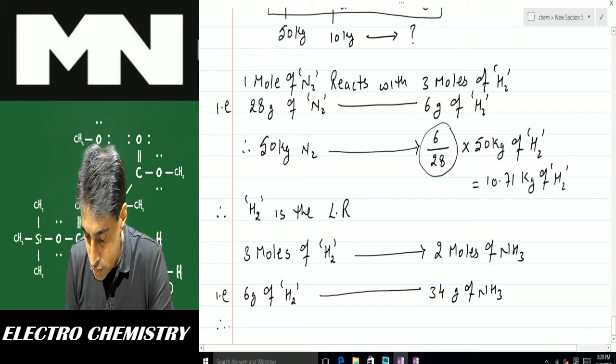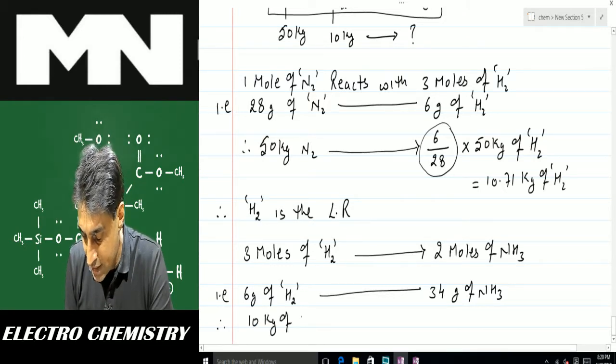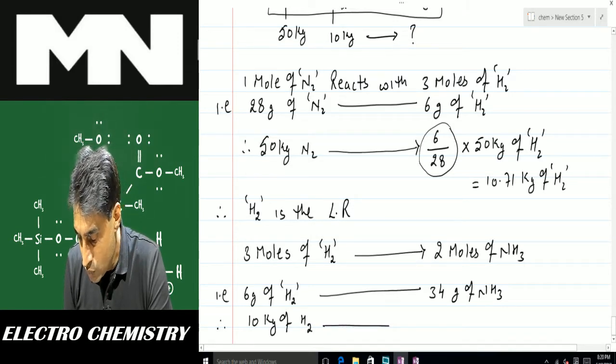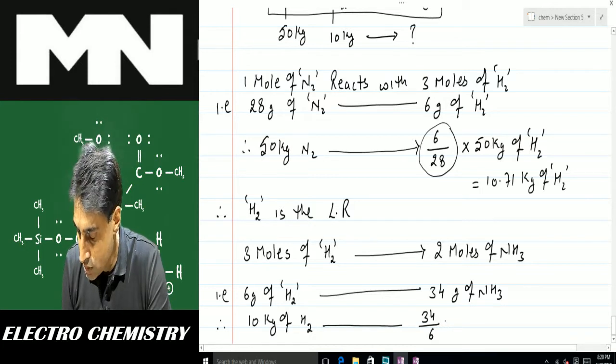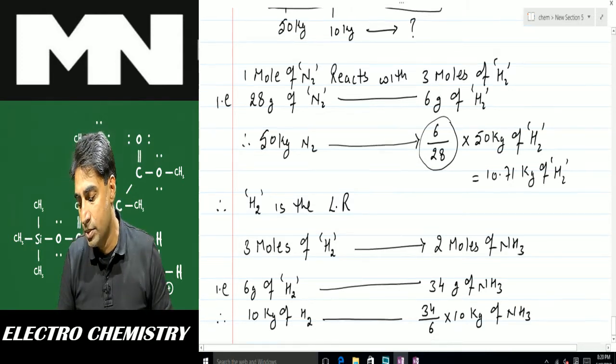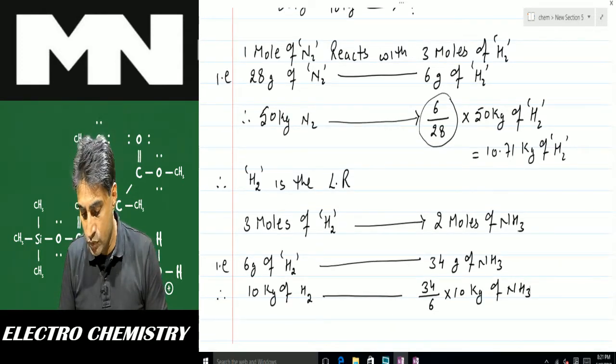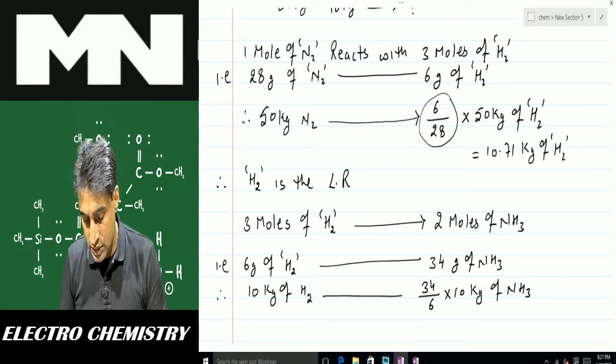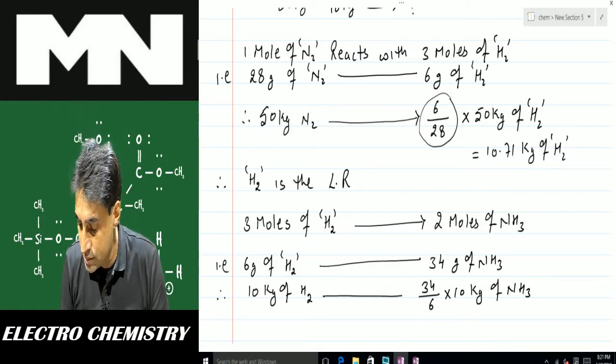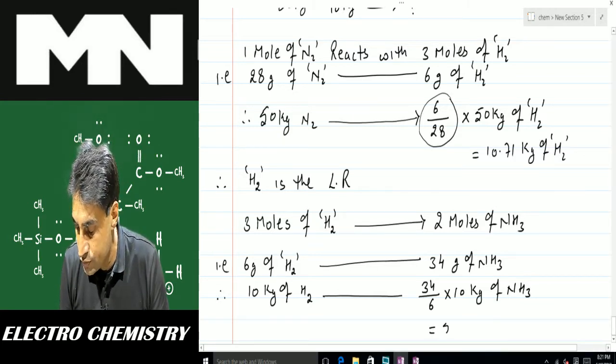Therefore, 10 kilogram of hydrogen will give me 34 by 6 into 10 kilogram of ammonia. So that basically becomes 340 by 6. It comes out to be 56.6. So the quantity of ammonia that is formed is 56.66 kilograms.